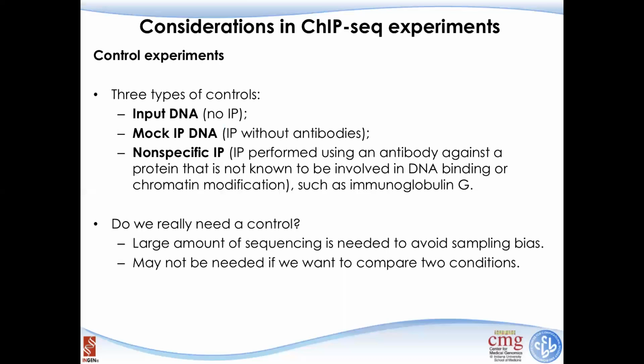But again, do we really need a control? The answer is I prefer to have a control, unless you can guarantee you have enough amount of sequence to avoid sample bias, but that's very difficult. Or maybe we can avoid a control if we compare two conditions.